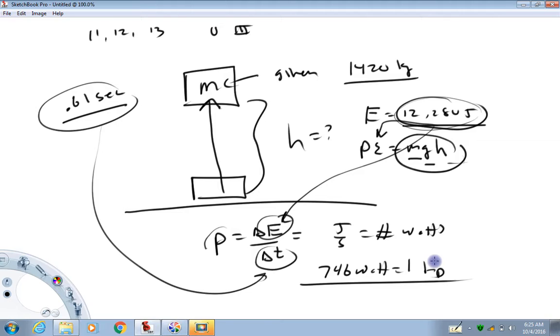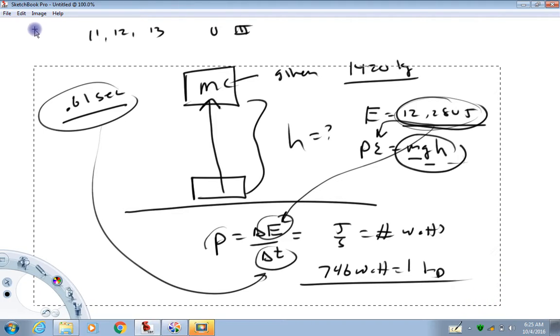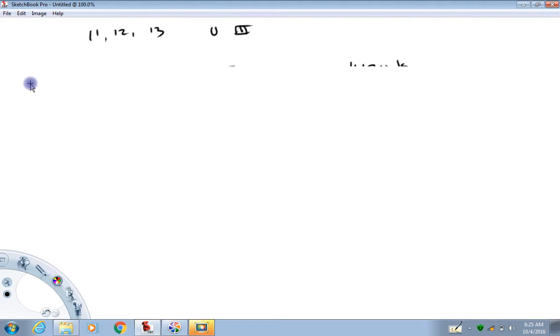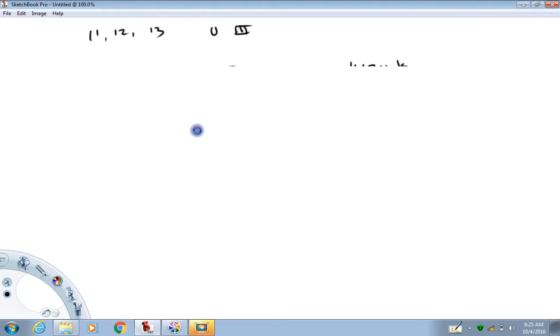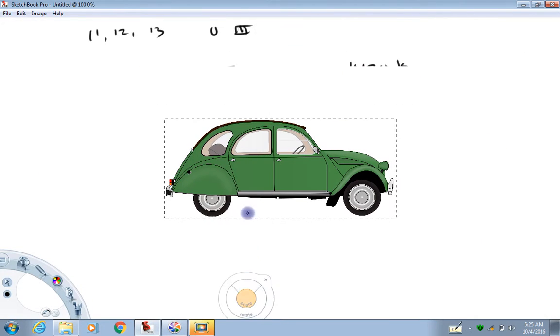All right, number 12. Let's see, a compact car can climb a hill in 11 seconds. So I'm going to clear this off here a little bit. Number 12 says something about a car climbing a hill. So I'm going to go ahead and put a car in my picture.